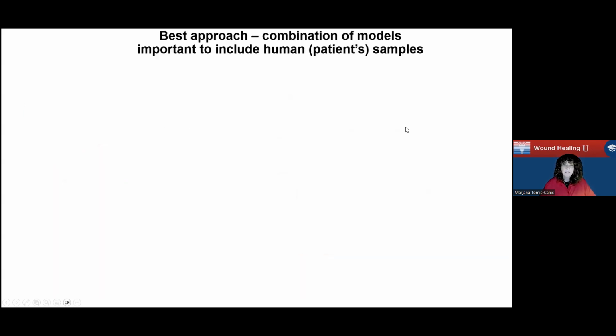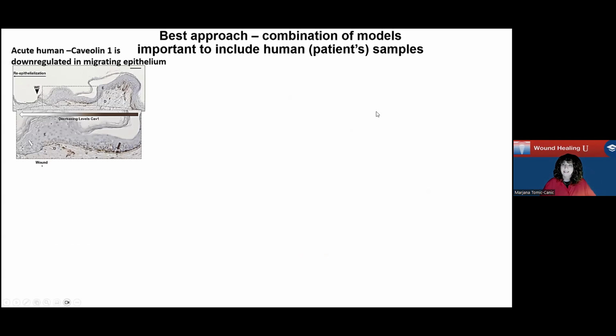The best approach, of course, is a combination of models, right? This again emphasizes the importance, if you are looking at a translational aspect, of including human patient samples in this assessment. This is just an example of an acute human wound where we are looking at caveolin 1, and one can appreciate that in the migrating epithelium there is no caveolin 1.